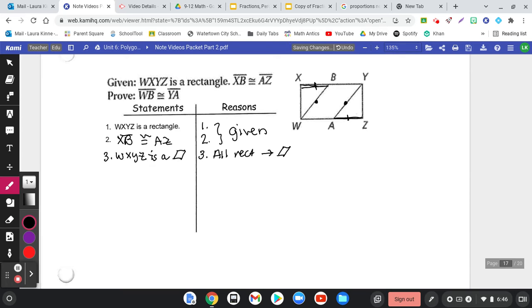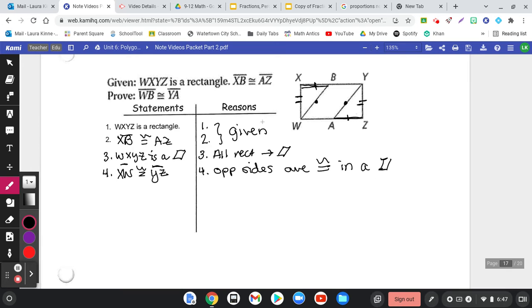All right, so since it's a parallelogram, we know that XW and YZ are congruent. And the reason that we know that is because of the definition of a parallelogram. Opposite sides are congruent in a parallelogram.